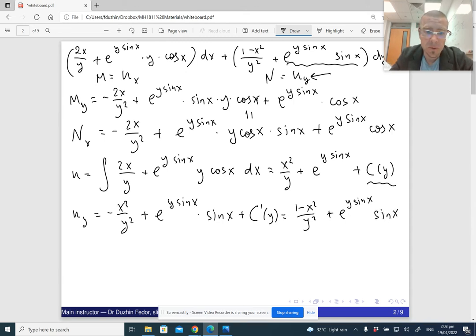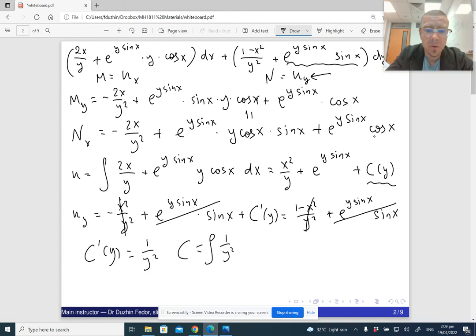Okay, so this term cancels out, minus x squared over y squared cancels out, so we get c prime of y is 1 over y squared, which implies that c itself is going to be the antiderivative of 1 over y squared, which is minus 1 over y.